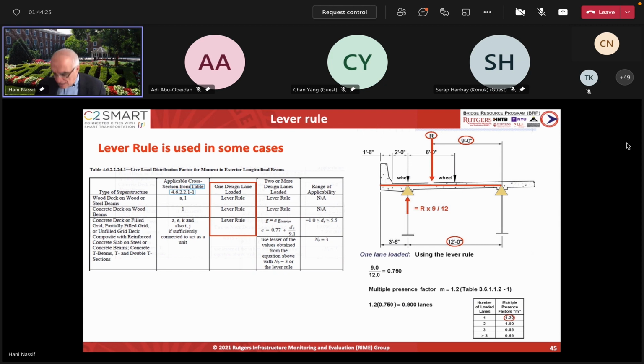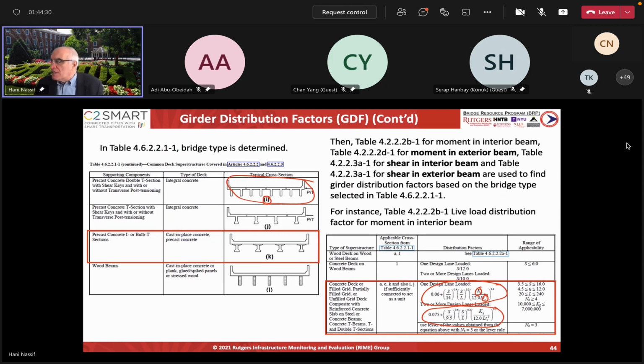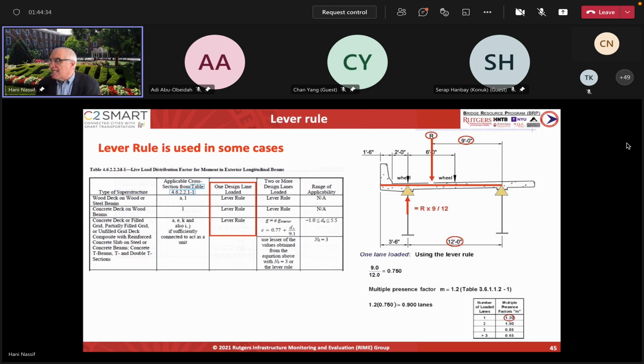Now, these equations are very good for regular bridges, but when you have a long overhang, or some other cases, you still do the basic lever rule, which was carried over from the previous code. What does the lever rule say?